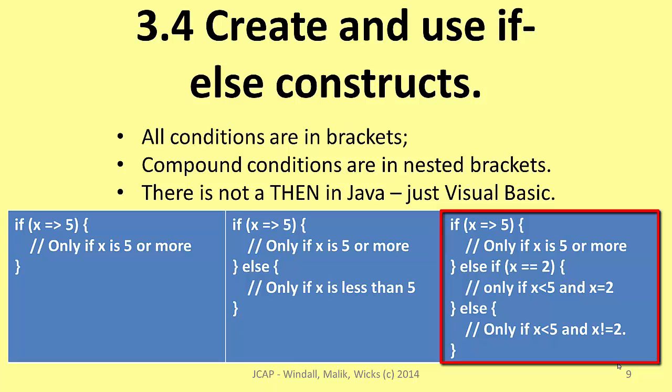So in this case, we're checking whether x is the same as 2. If x is the same as 2, then it does whatever code is in that middle section. Else, so if x is less than 5 and x is not equal to 2, do this. That is the more complicated route.